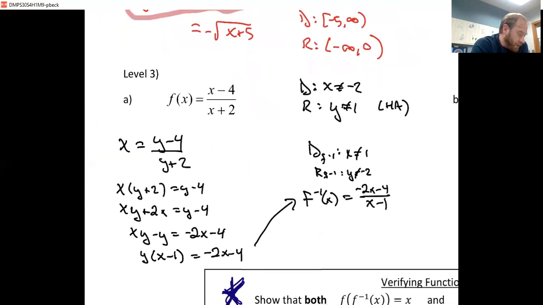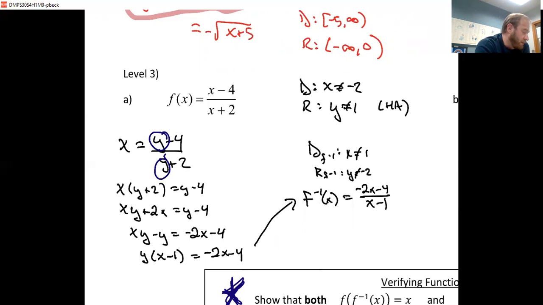For our level 3 problem, same thing, x is not allowed to equal -2. Looking at the ratio, y is not allowed to equal 1. Then to switch x and y and solve for y, something special happens here, and we have a y in 2 different locations. That means we're going to have to multiply both sides by y plus 2.